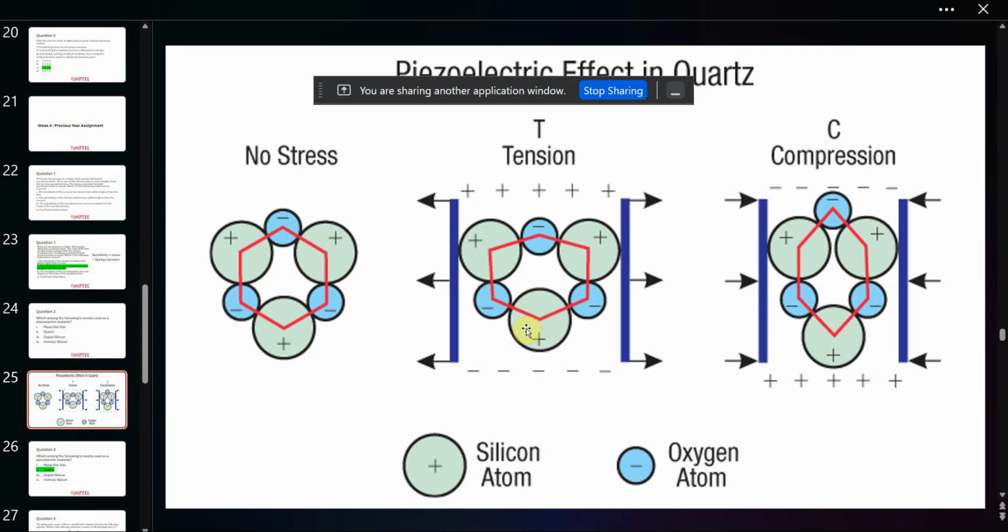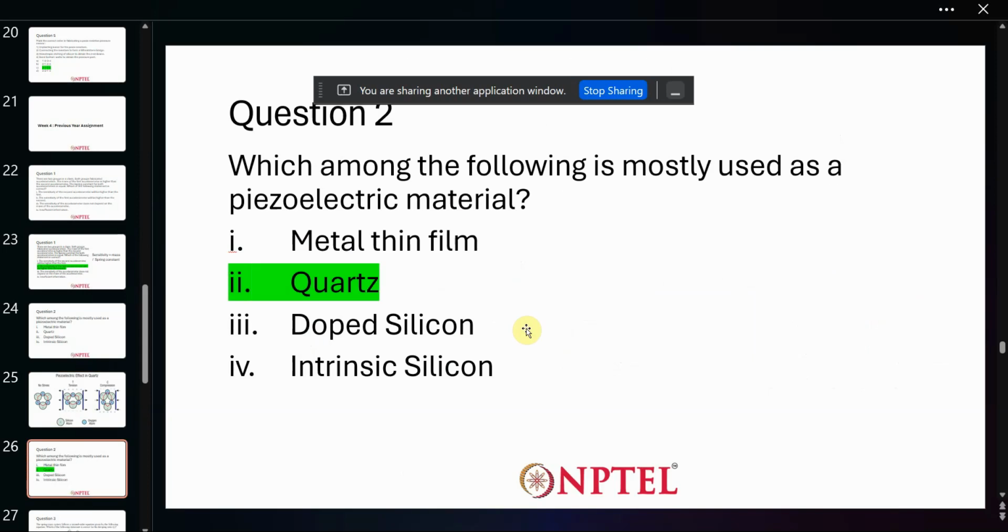Only in quartz is this kind of unique crystal structure present. There are materials like quartz, PZT, and very few other piezo materials. Quartz is one of them, so the answer for this second question is quartz.